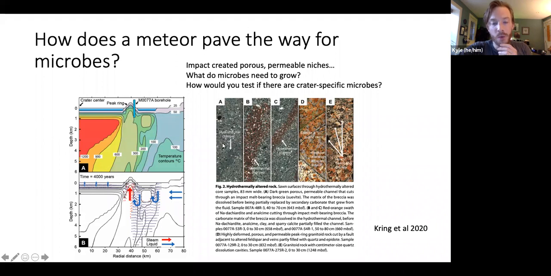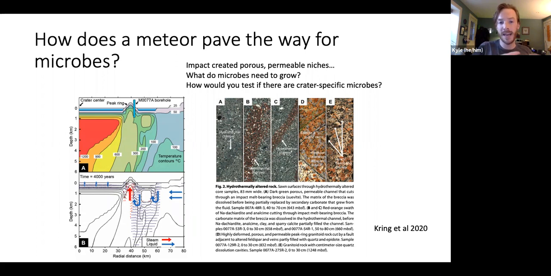And they will need some source of the building blocks of life, the nutrients that are needed to grow. And what it looked like is that as a result of this impact, it created this porous, permeable rock where there wasn't porous or permeable rock before.